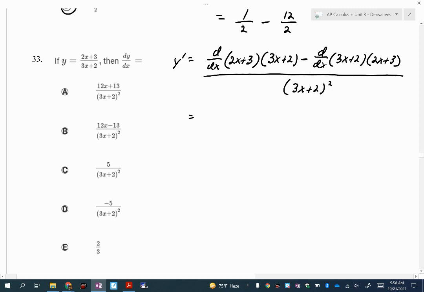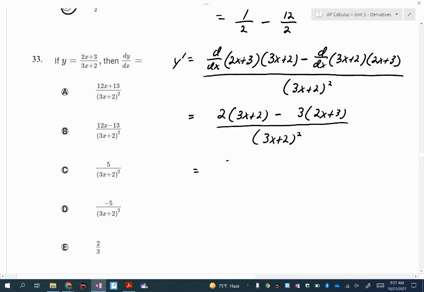Okay, the derivative of 2x plus 3 is just 2. And the derivative of 3x plus 2 is 3. All over the denominator squared. Distribute, you get 6x plus 4. I'm going to distribute the negative with the 3.